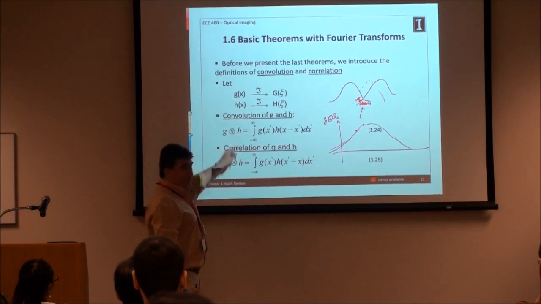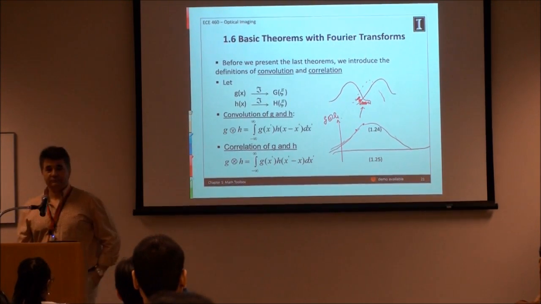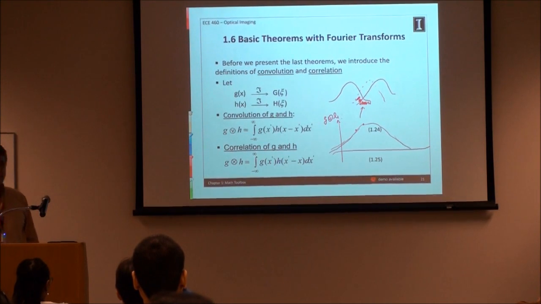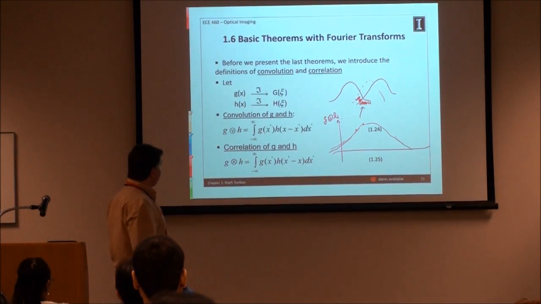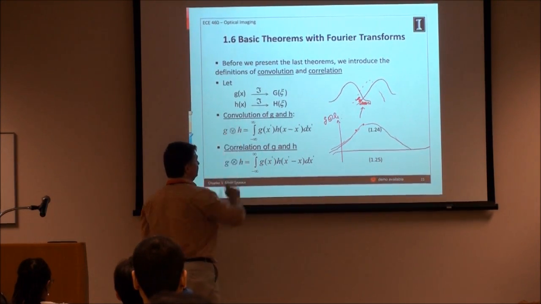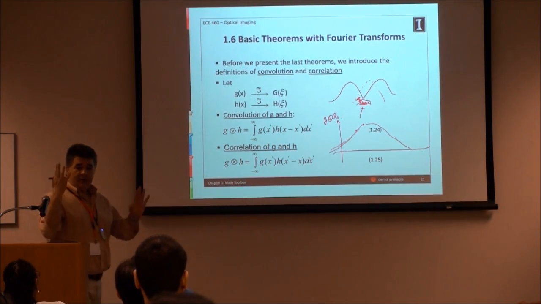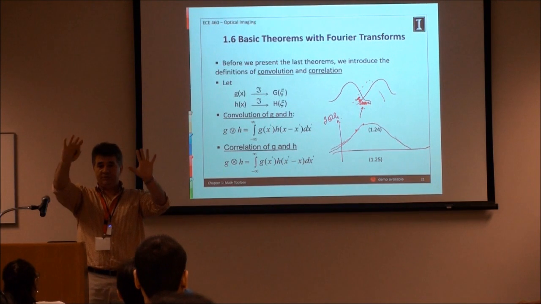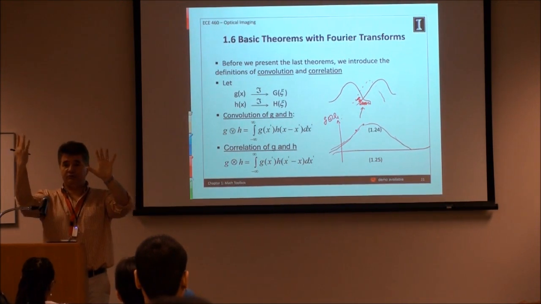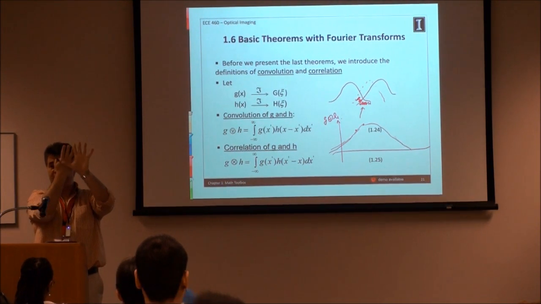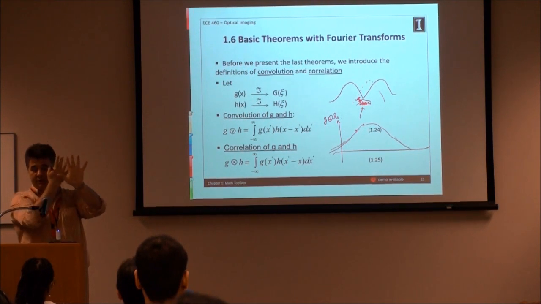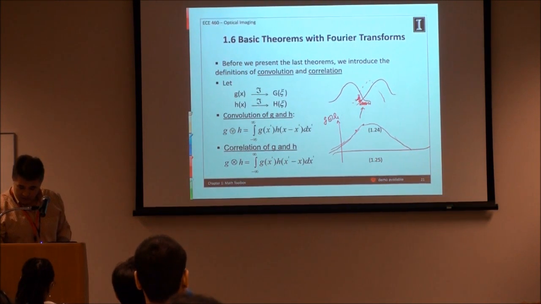And this is my notation for convolution. We keep the cross for cross correlations and the V circle for convolution because convolution has a V in it. That's easy to remember. Okay, so you see the meaning of this? Convolution means I flip one of the functions, I translate it, and at each point of translation, each coordinate, I multiply and integrate, which means I calculate the area of overlap.